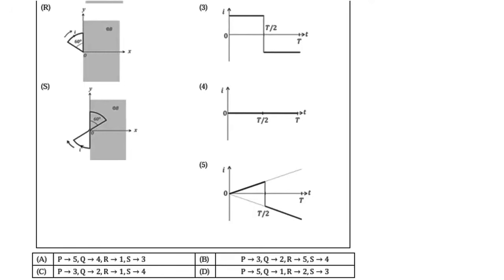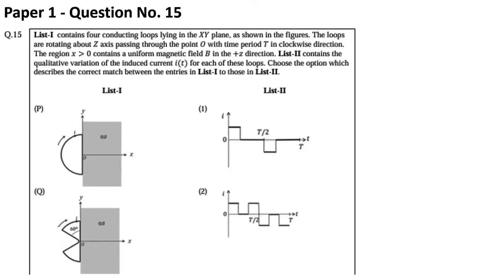Okay, we'll go up to the, yes. Now you can see the diagram number Q. Similarly, for diagram number Q, the loop looks like this. This angle is 60 degrees and this angle is 60 degrees.